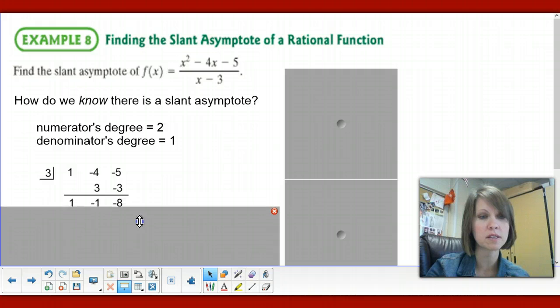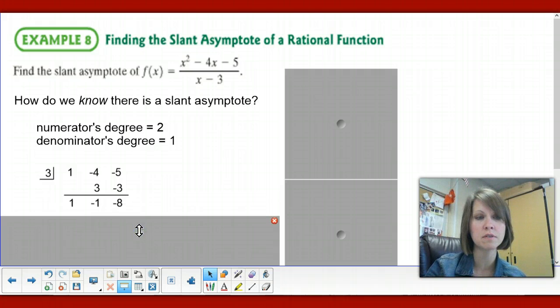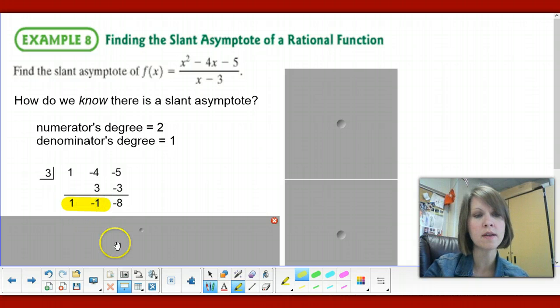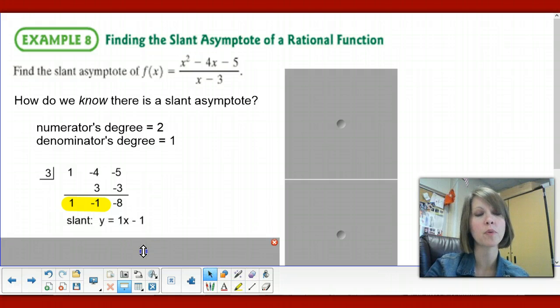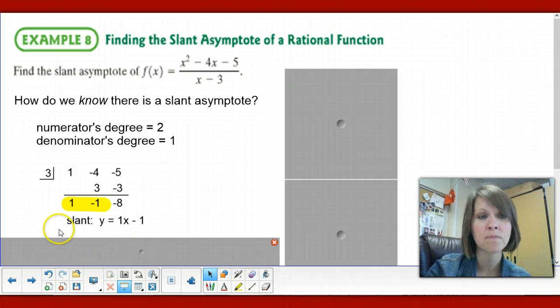So let's do the synthetic division. What happens is we get a simplified expression 1x minus 1 with a remainder of negative 8. The slant asymptote is actually the 1x minus 1 part of this.